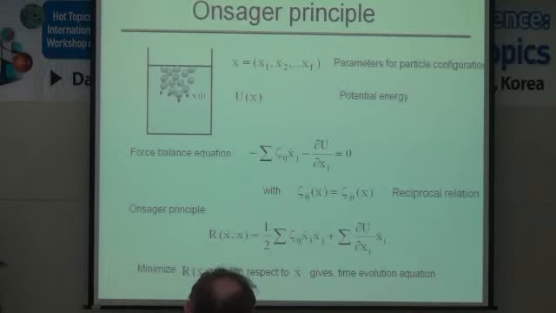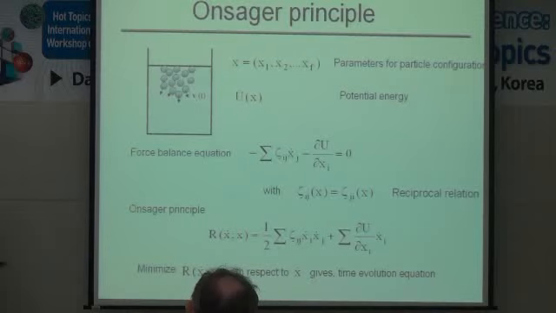Now this can be proven. I'm not going to, but this can be proven if you start from hydrodynamics. Using Stokesian hydrodynamics, we know how to calculate this friction coefficient, and from that you can prove this reciprocal relationship.